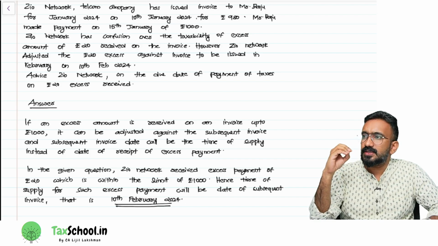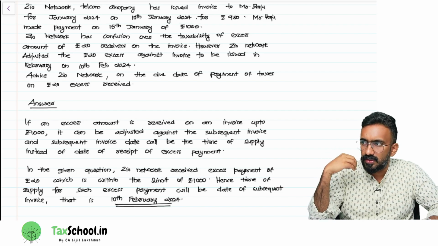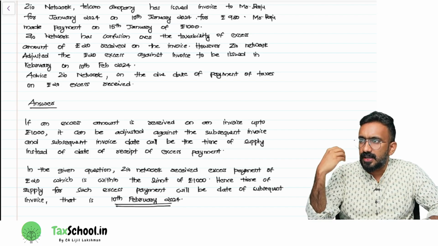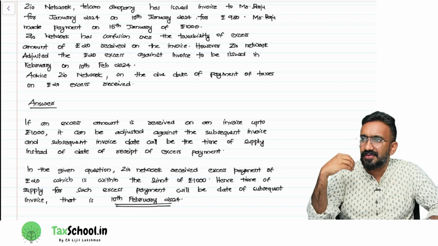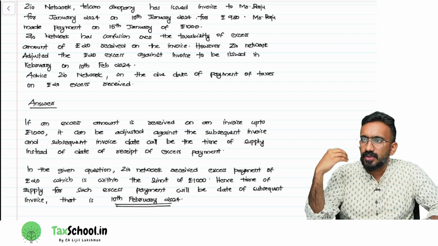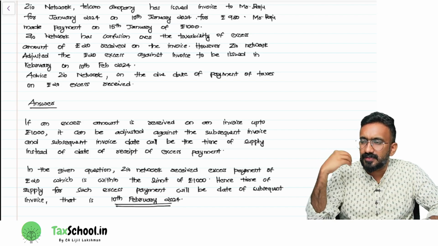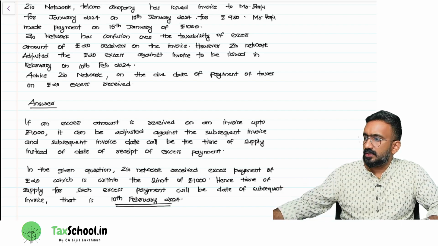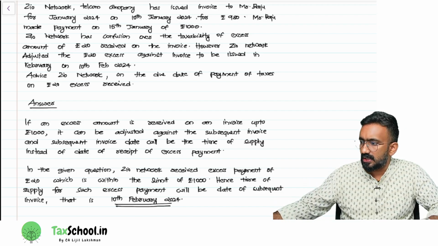Zio Network has confusion over the taxability of excess amount of rupees 20 received on the invoice. However, Zio Network adjusted the rupees 20 excess against the invoice to be issued in February, that is 10th of February 2024. Advise Zio Network on the due date of payment of taxes on 20 excess received. Please read the question at your end once again and then tell me that you've read.